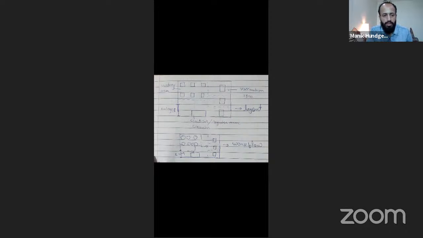Okay, so Akshat has shared his layout. So guys, we have two layouts. One is shared by Akshat. There's another one on the screen.